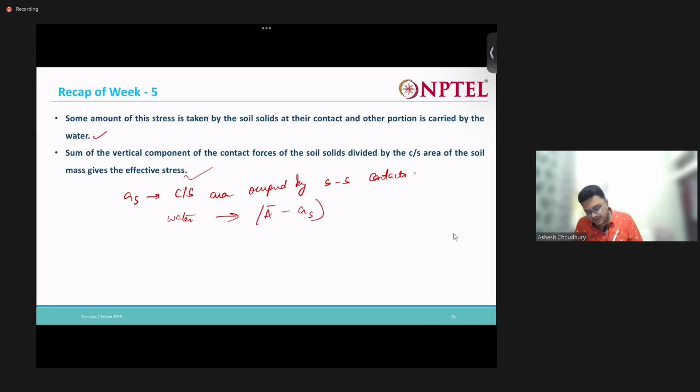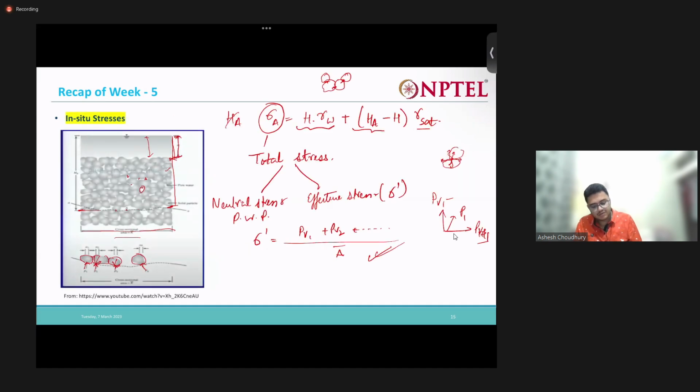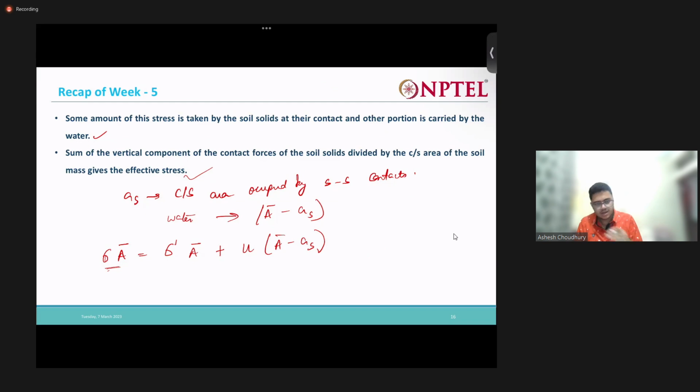Now if I write my total stress into A bar, this is coming from a definition, because A bar is the total cross sectional area, is equal to my effective stress into A bar plus U, the pore water pressure, into the area that is occupied by water.